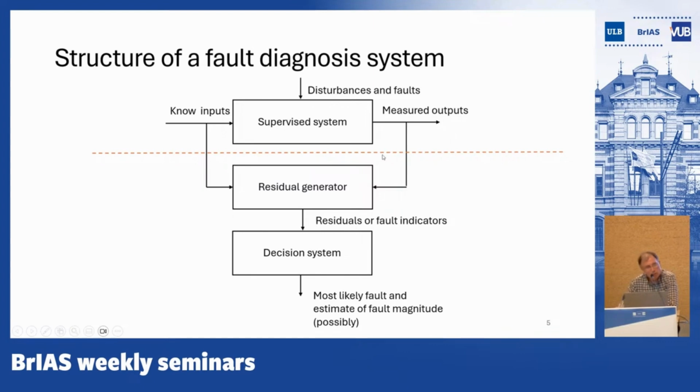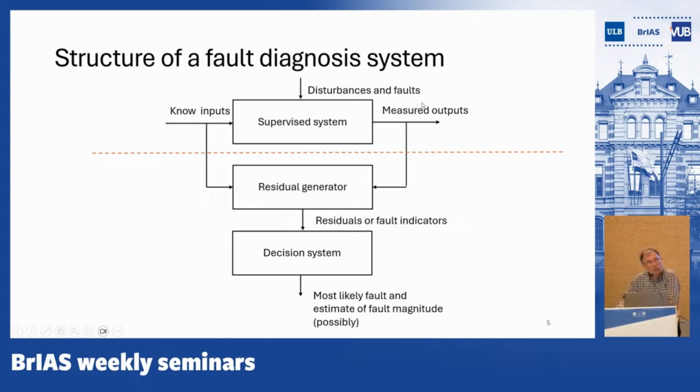This system is also subject to disturbances. If you think of a car, you will have wind gusts that can affect the speed of the car, or you will have a difference in the slope of the road. These are disturbances, so unknown, unmeasured signals that affect the behavior of your system.